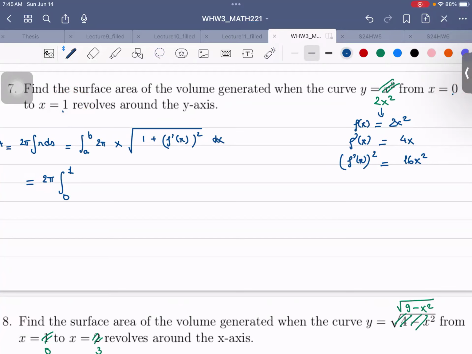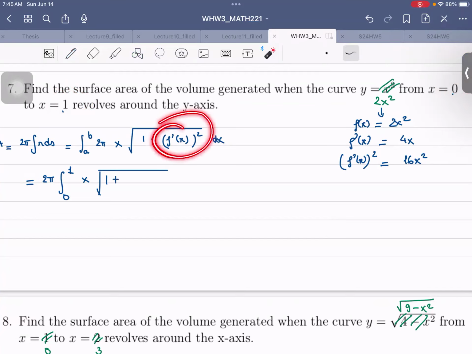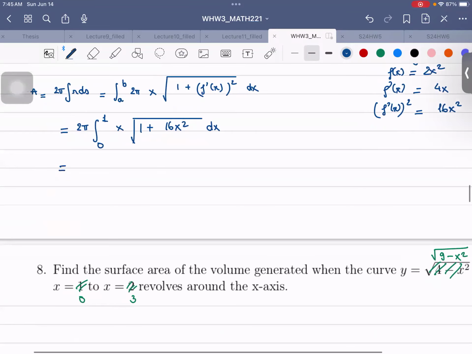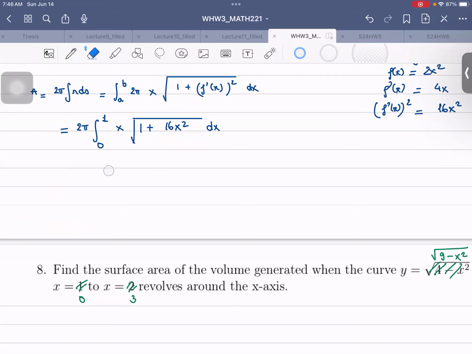I have the integration of x times the square root of 1 plus f prime of x squared, and f prime of x squared is 16x squared. Therefore, I have 2 pi, 0 to 1. This integration is perfect for u substitution, because if you set up the inner function as u, when you take the derivative of u, you will have something proportional to x dx.